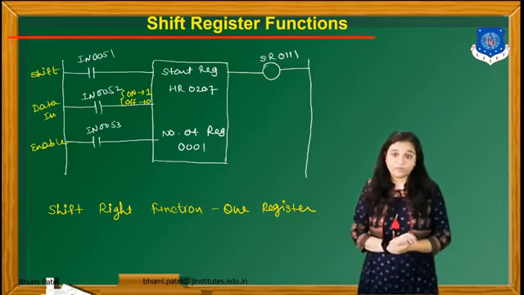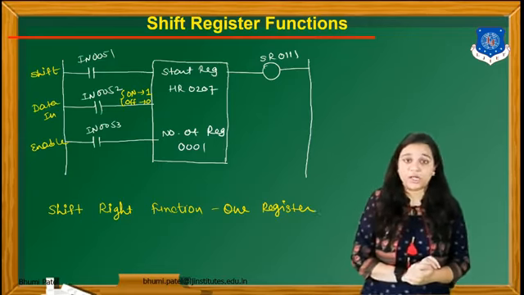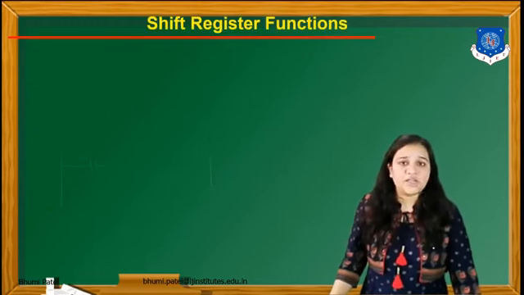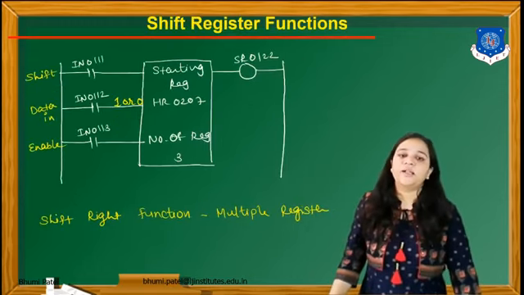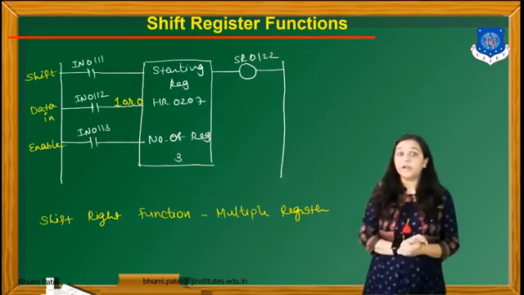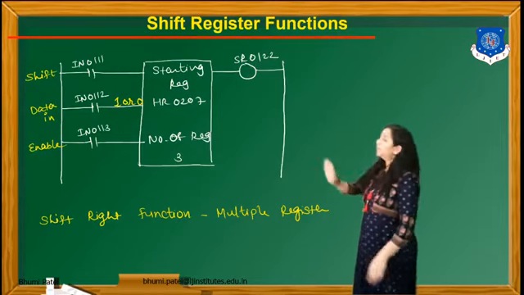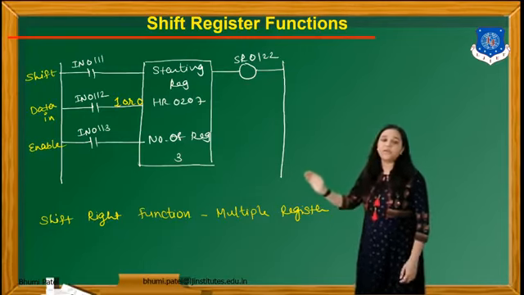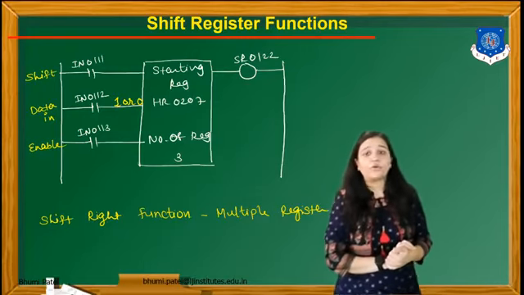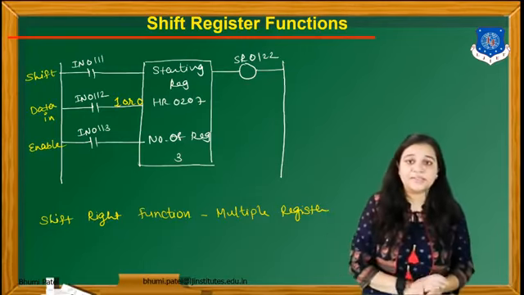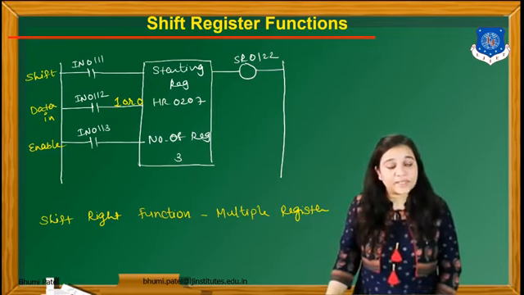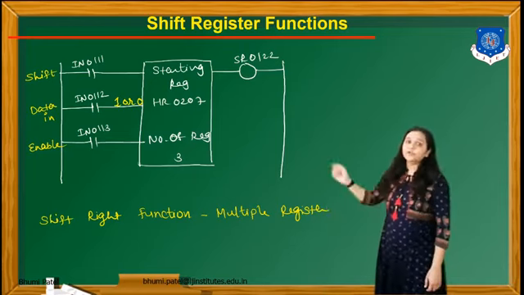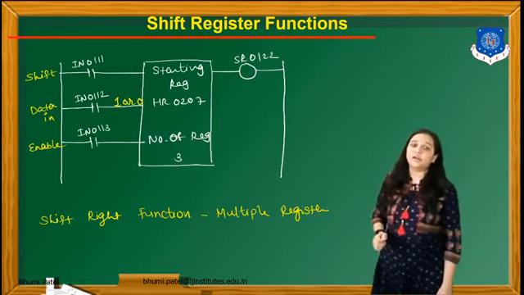Now if we have to shift for multiple registers, we have to use the shift function for multiple registers. Here the input is the same: shift, data in and enable. In the block format we write the starting register address, that is HR0207, and here we use the multiple shift register, so the number of registers will be 3.